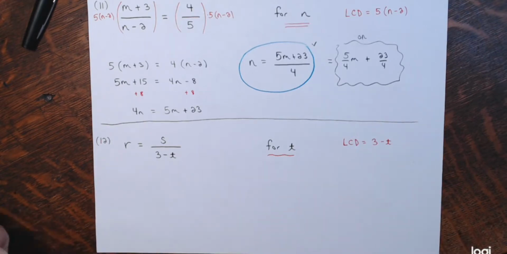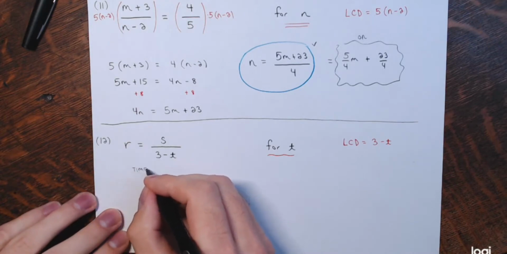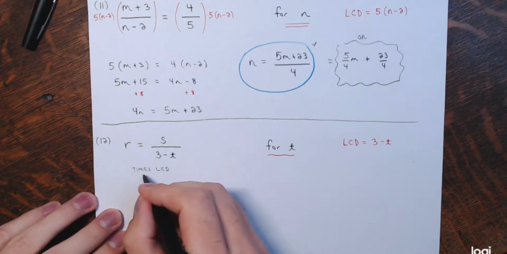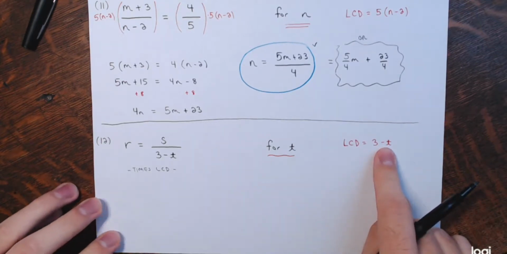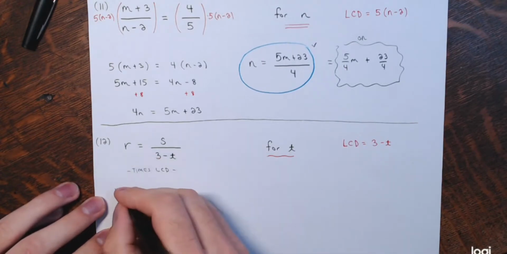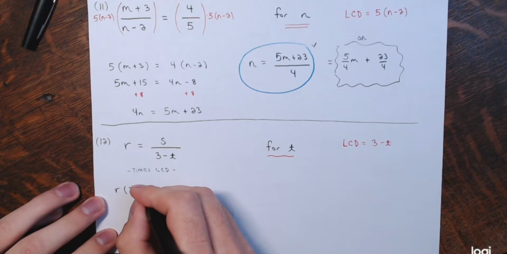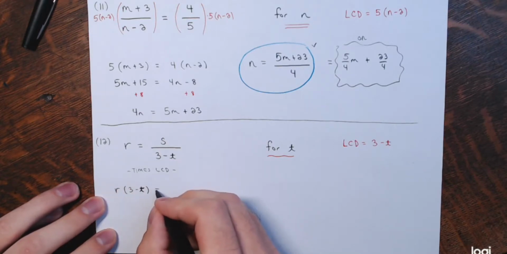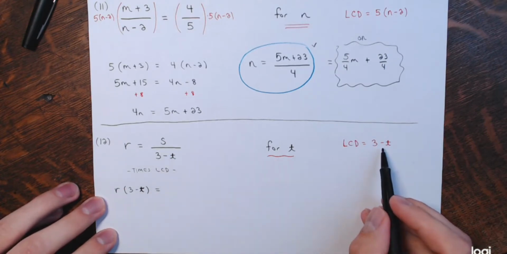Alright, so on the left side, I'm just going to write times LCD from here on out. So you're multiplying both sides by this 3 minus t quantity. So on the left side, nothing would cancel. You have r times the quantity, 3 minus t. Then on the right side, s over 3 minus t times 3 minus t.